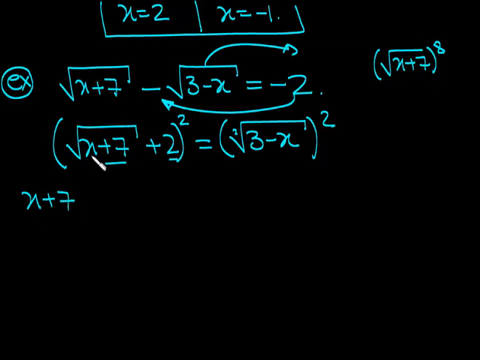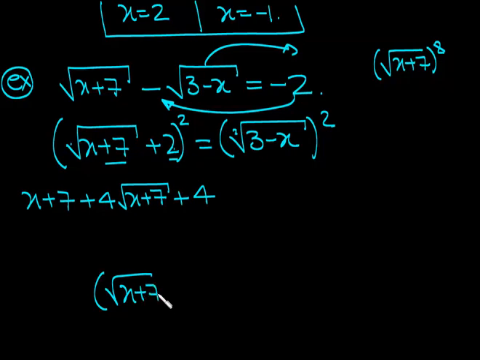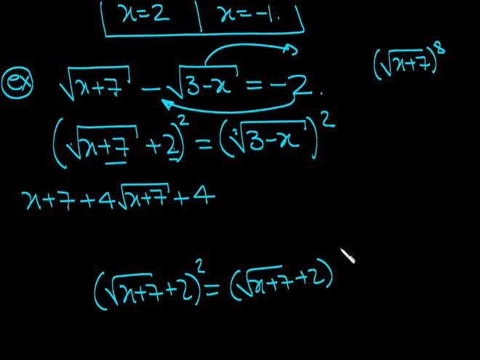Then we multiply the first and the last term, so we get 2 times this, and then we multiply that by 2, so we get 4 times that. So we get 4 times the square root of x plus 7. Then we square the last term, so we get 4. I do want to tell you, if you don't remember the formula, you could have easily taken x plus 7 plus 2 squared and written it as square root of x plus 7 plus 2 times square root of x plus 7 plus 2.